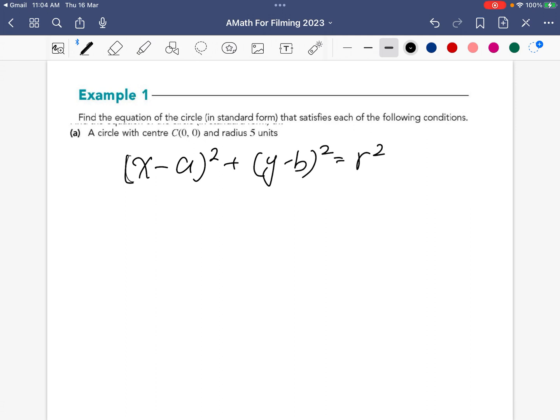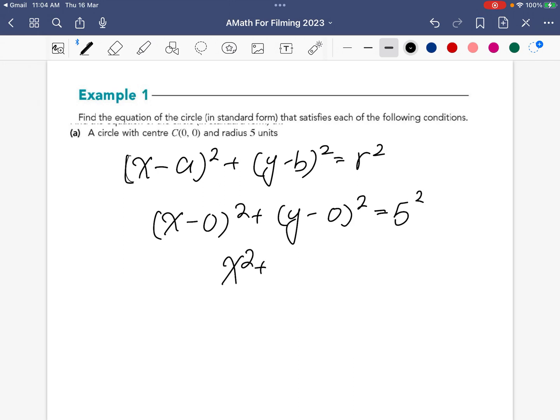In this case, a is 0, b is also 0. So what we have is (x minus 0) squared plus (y minus 0) squared equals the radius, which is 5 squared. If I simplify, I get x squared plus y squared equals 25.